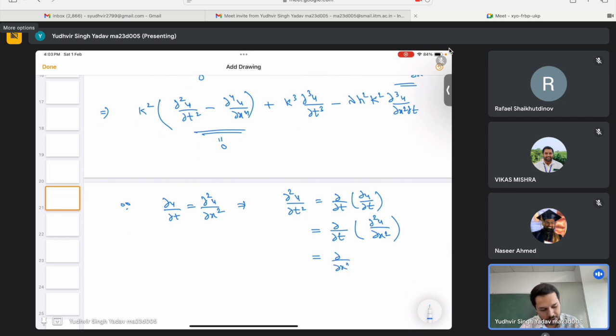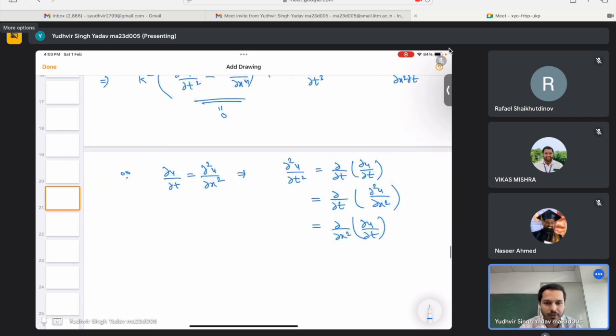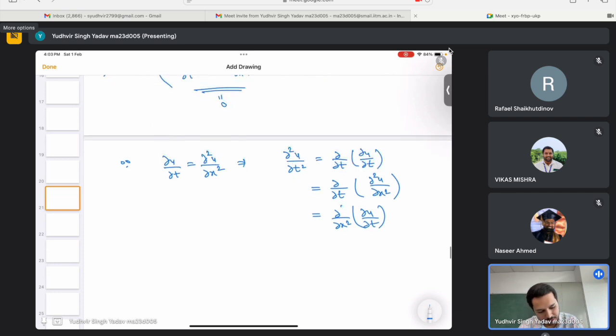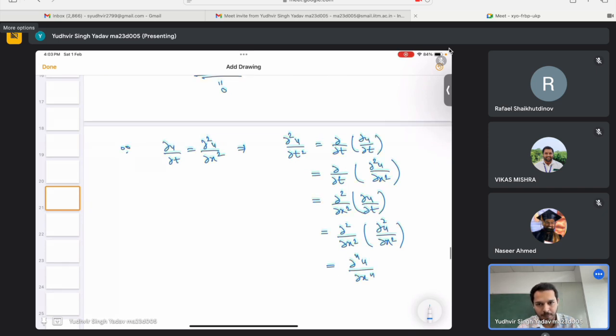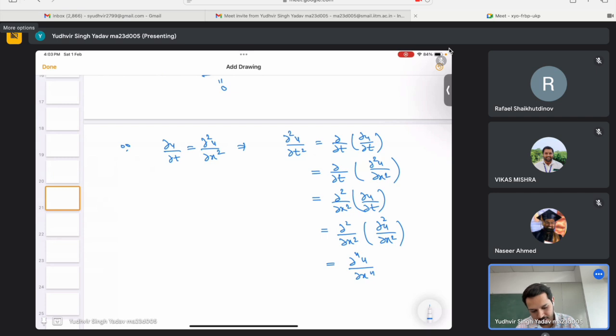So as it is continuous, it can be written as ∂u/∂t. We can take ∂²/∂x² outside. So it is nothing but again ∂u/∂t is ∂²u/∂x², so it will be ∂⁴u/∂x⁴. So we can say this term is nothing but 0.